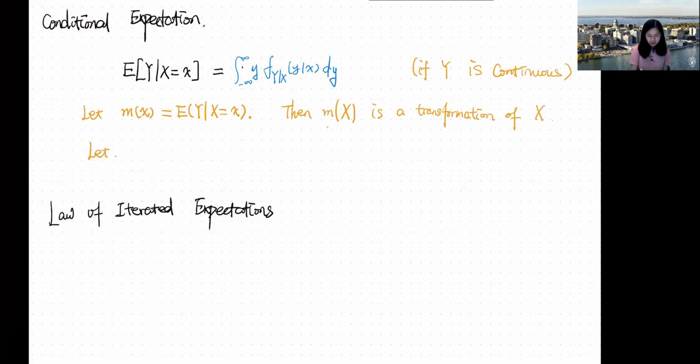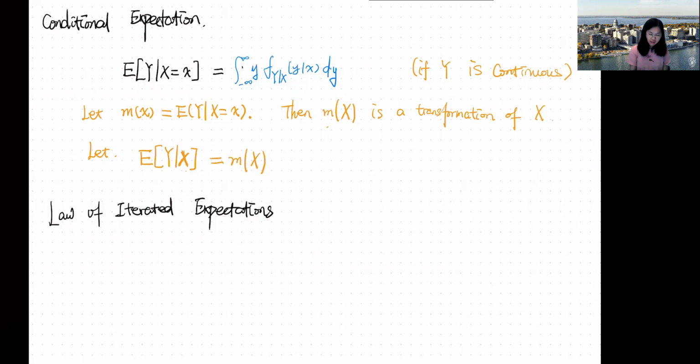And conventionally, we use the notation E[Y given X], without the equal little x sign, to denote this random variable.